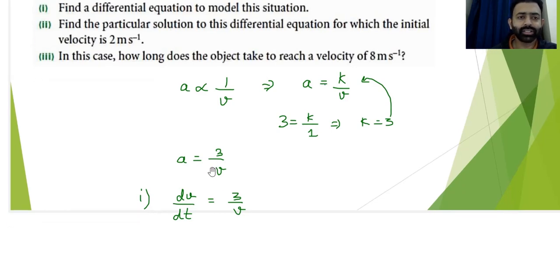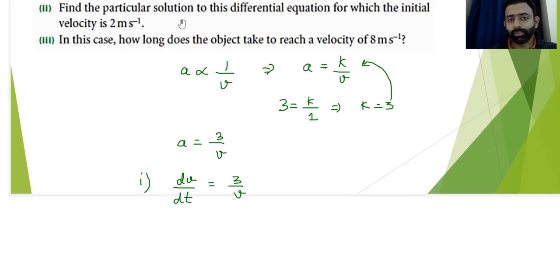And the second part says find the particular solution. So remember, particular solution means we have to find the value of the constant of integration after integrating or solving this differential equation. So the first step in doing the second part is to solve this differential equation by using, obviously, the separation of variables.